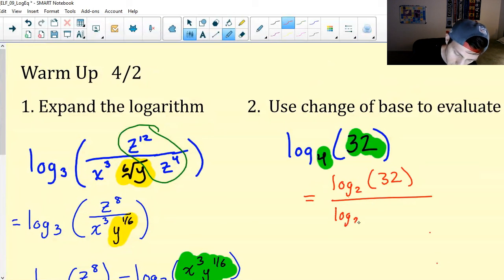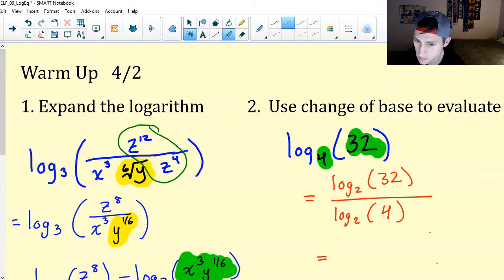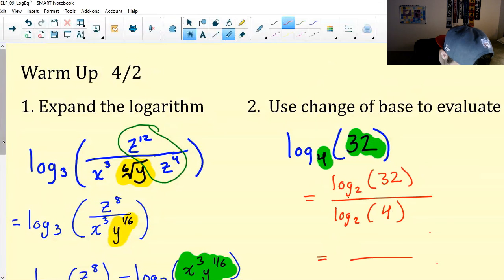And then log base 2, whatever the original base was, is what goes on bottom. And so, again, like I said, this usually helps us just type it into a calculator easier. But actually, if I have it set up like this, I don't even need a calculator. We can just do this in our heads.